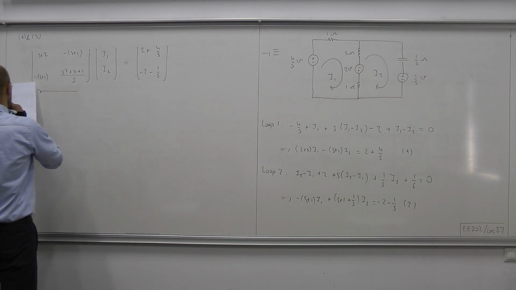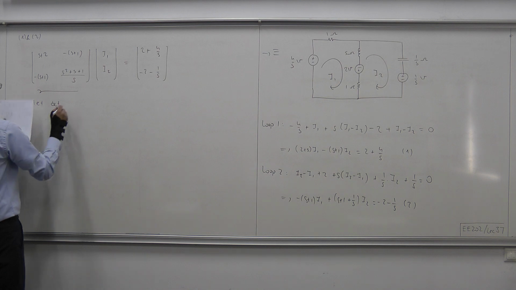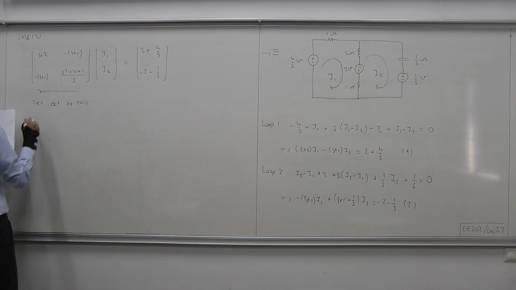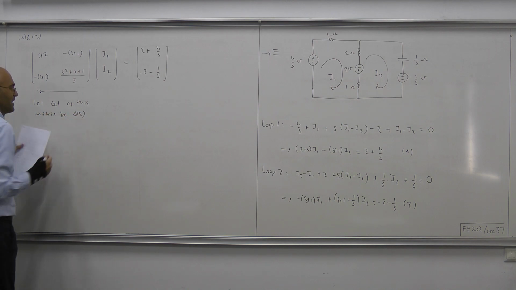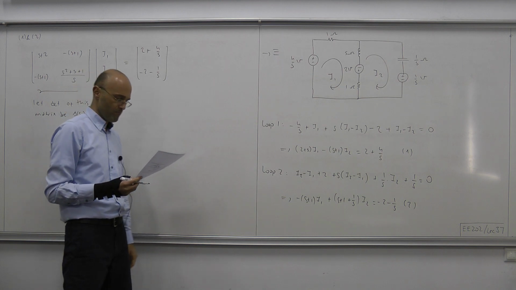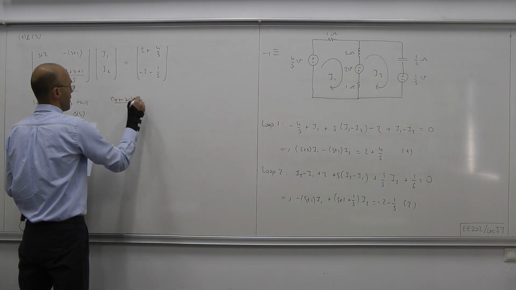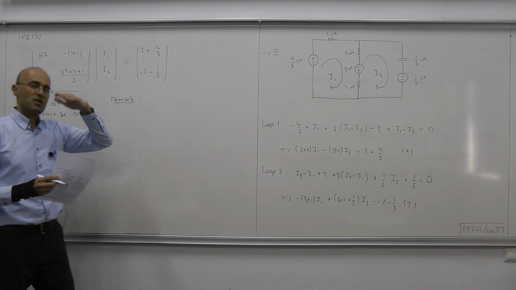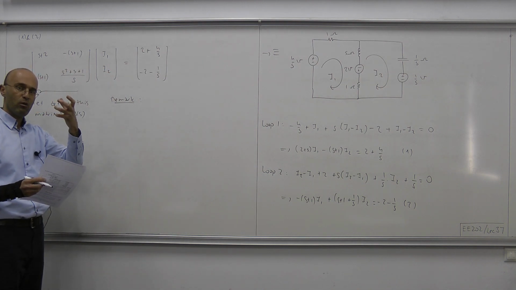So let the determinant of this matrix be delta of S. Let's put this remark here. If you compute this determinant, you will obtain a polynomial divided by some other polynomial, and you take the numerator polynomial.